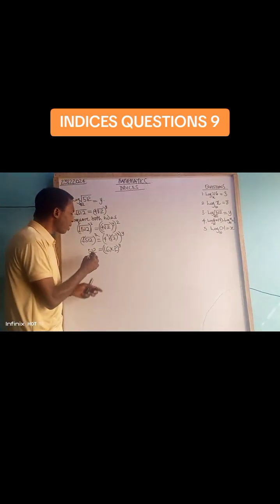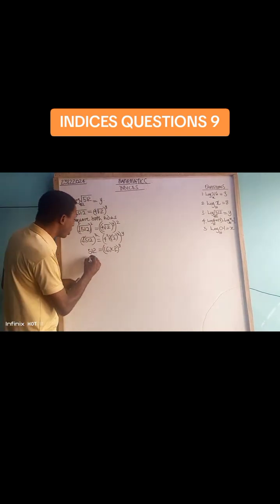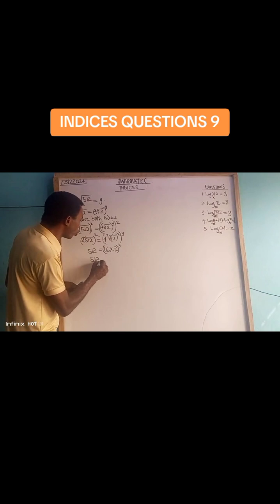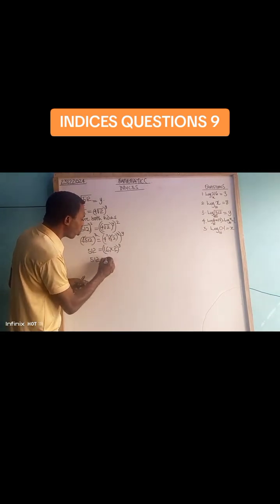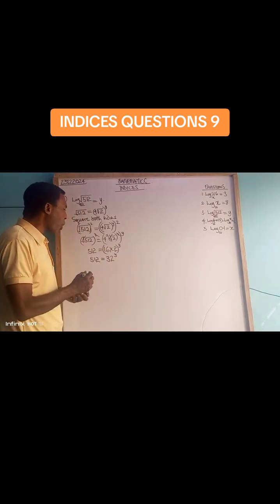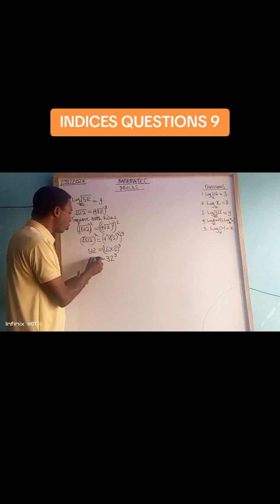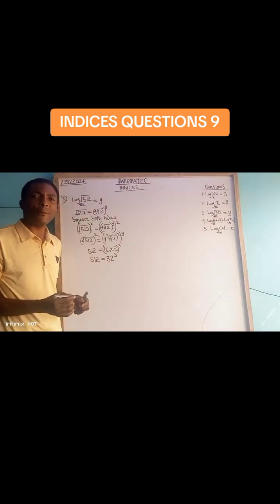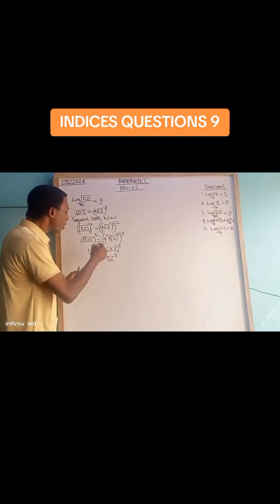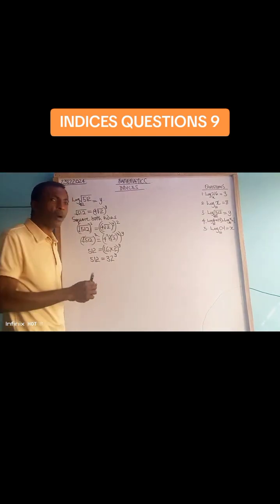So the next thing is, how can we get a number to this? That will be 512 is equal to 16 times 2, which will give us 32, raised to power y. Then let's break the two numbers into powers of 2. So we have 2 raised to power what that will give us 512?